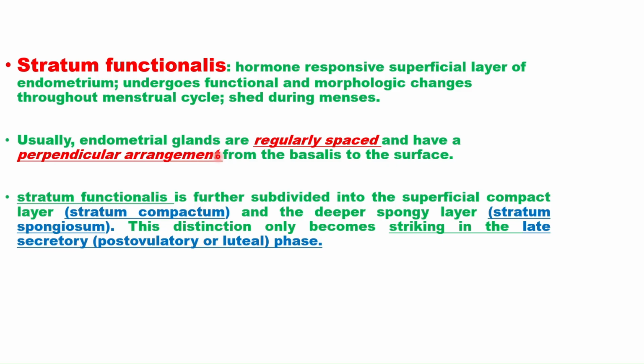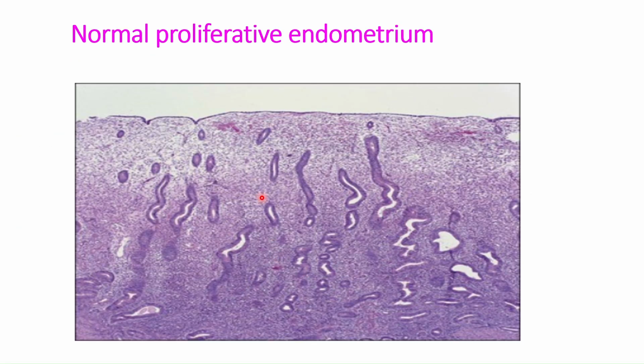Usually endometrial glands are regularly spaced and have a perpendicular arrangement from the basalis to the surface. This layer is subdivided into the superficial compact layer called stratum compactum and the deeper spongy layer called stratum spongiosum, and this is only striking in the late secretory phase, or post-ovulatory or luteal phase.